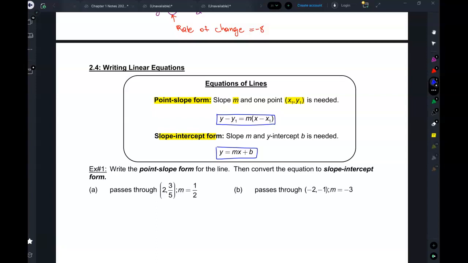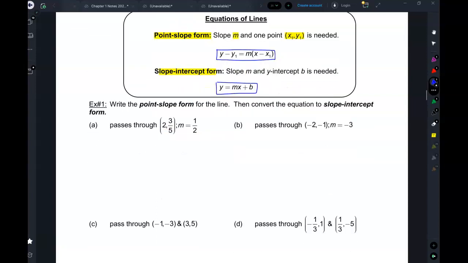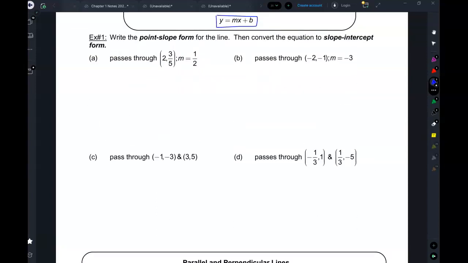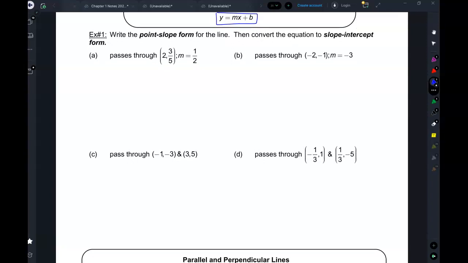Okay? All right. Is y and x in the point slope form? Let me do this and you'll see. Okay. So write the point slope form, then convert to slope intercept form, right? So point slope form, you take your point, this is going to be called x1, y1. So for point slope form, this is going to be y minus y1, which is this, is equal to m, 1/2, times x minus x1, which is 2, right?